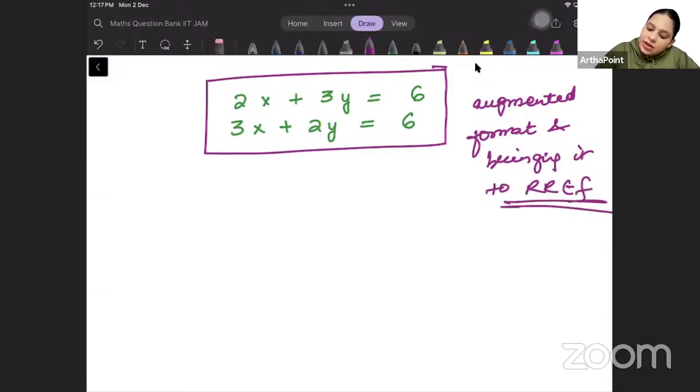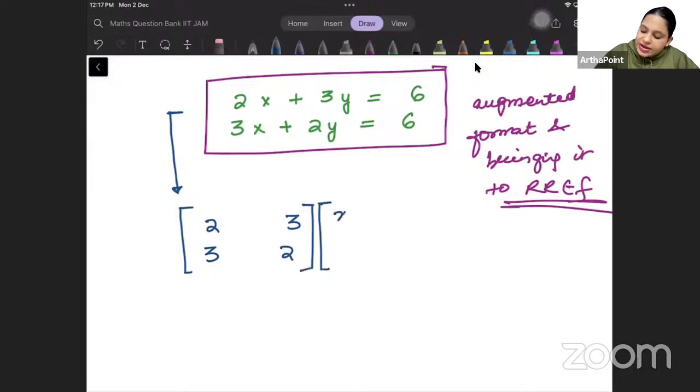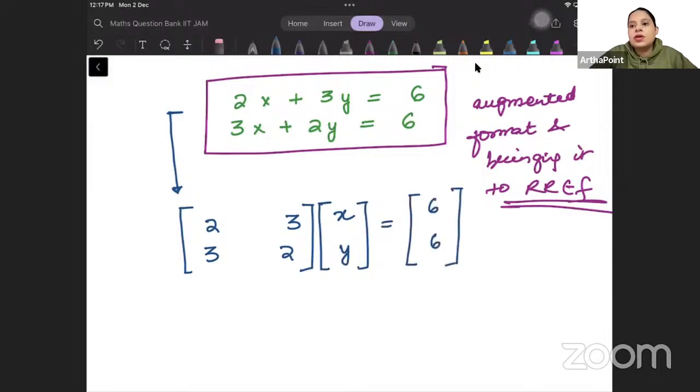What does it mean? It means that I can write this as the matrix 2, 3, 3, 2 into x, y equal to 6, 6. The first matrix that you see here is your coefficient matrix.